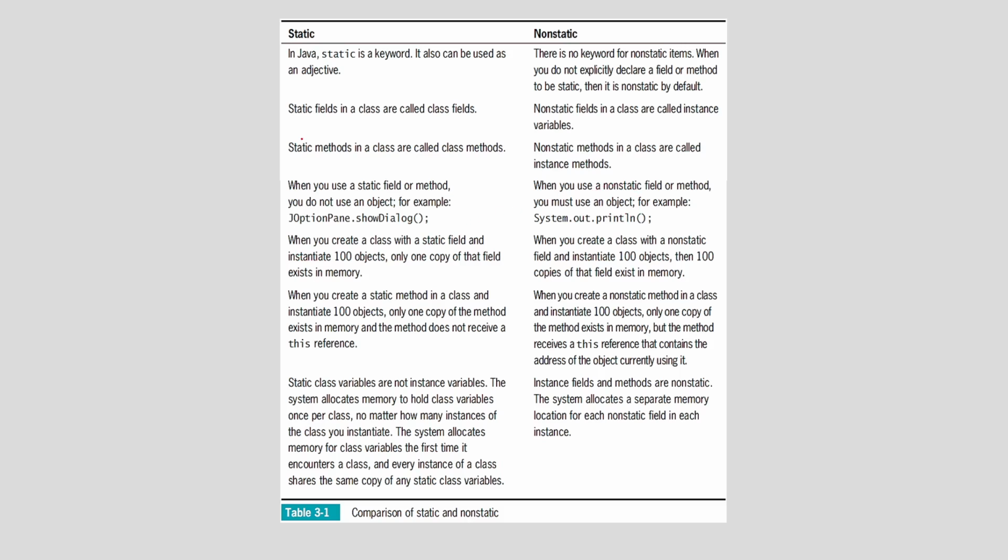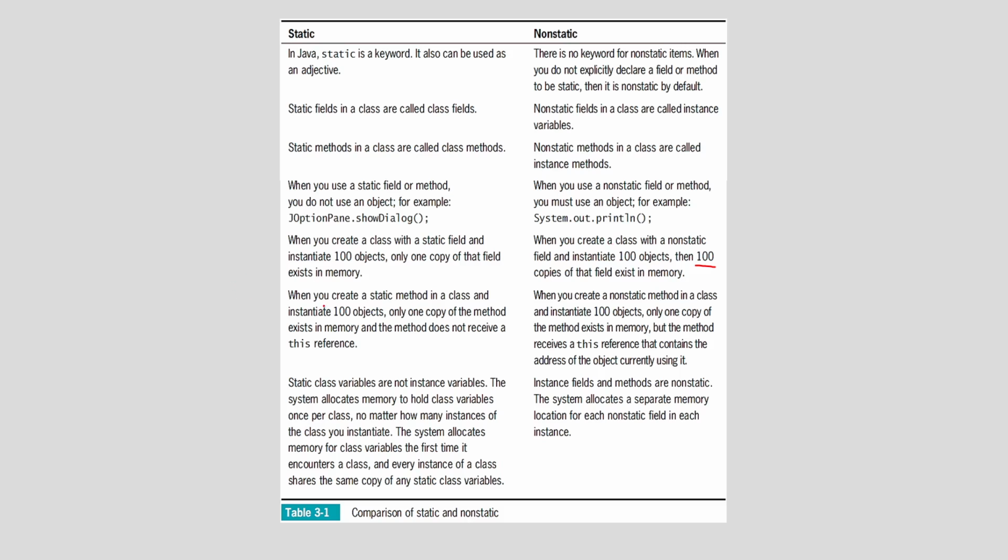With static, when you create a class with a static field and instantiate 100 objects, only one copy of that field exists in memory. But with a non-static field and 100 objects, then 100 copies of that field exist in memory. So different memory addresses will be assigned for each of those objects.